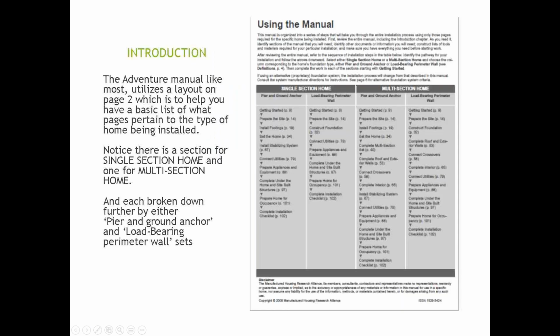In the introduction section, the Adventure manual, like most, has a page that tells you how to use the manual, and you'll see that there's a single-wide section and a multi-section. They break it into four parts: pier and ground anchor sets, load bearing walls, interior foundations. And you have numerous places that tell you where to get started, and different things like the table of contents that we were showing you: the footings, setting the home, connecting the utilities.